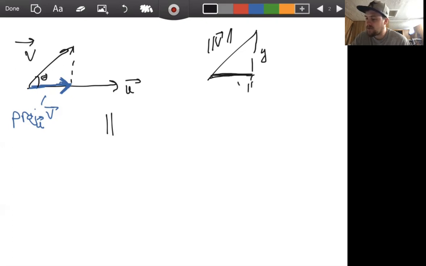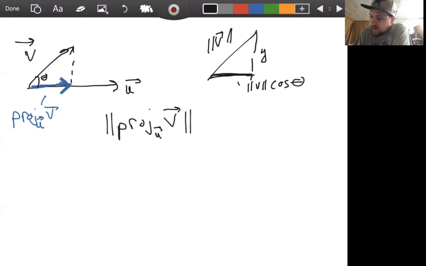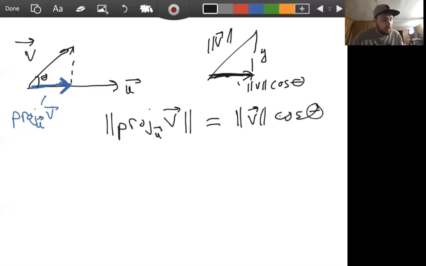But we know the base is just the length of the hypotenuse times cosine theta, right? And so that means the magnitude of the projection of v onto u is the length, because this base of the triangle is the length of the projection vector. So the magnitude of the projection is magnitude of v times cosine theta, where theta is that interior angle.